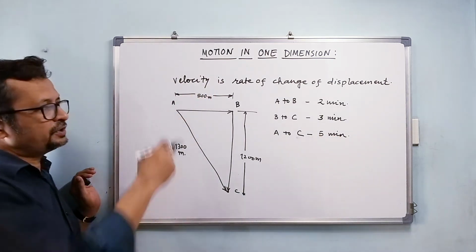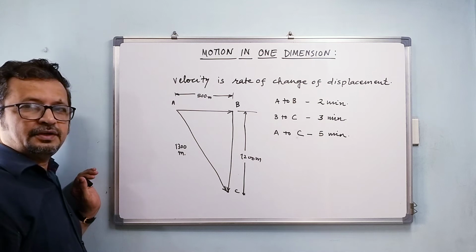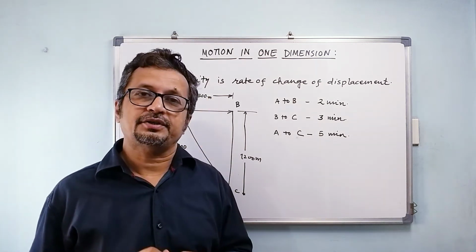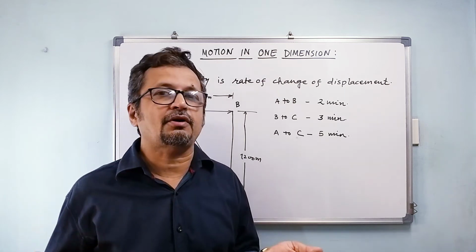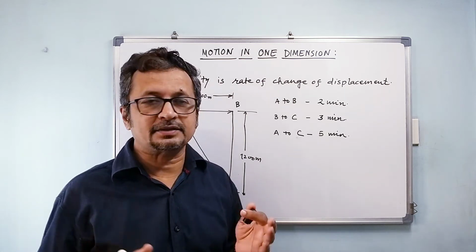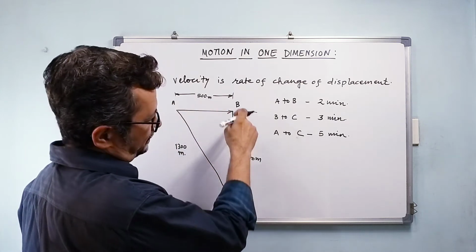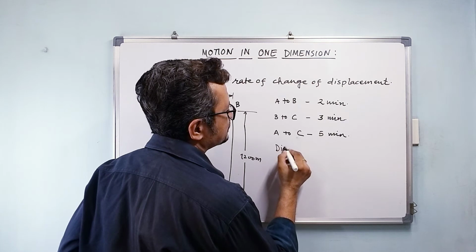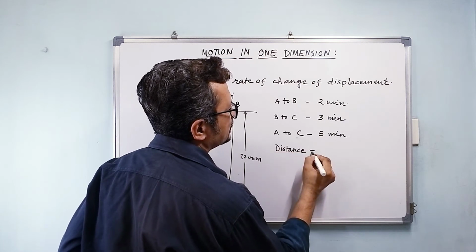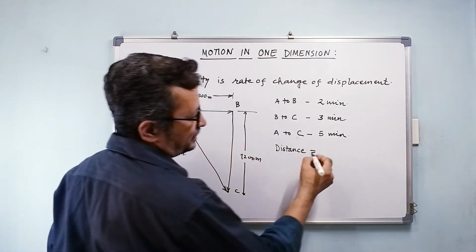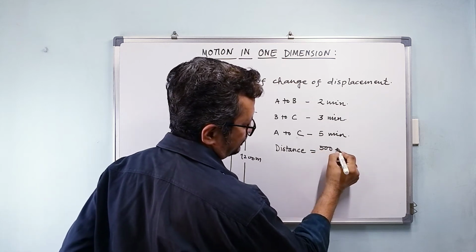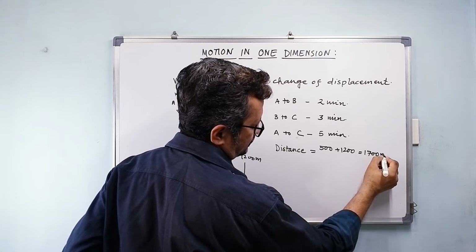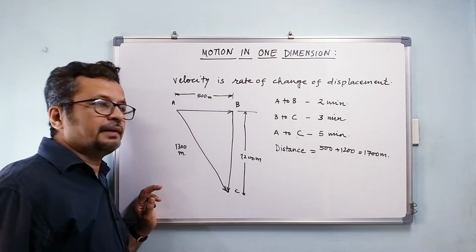Correct. Now what is the total distance traveled? Total distance traveled is 500 plus 1200. That is the total distance that I actually walked. The length of my path is 500 plus 1200, so the distance is equal to 1700 meter. And how much time am I taking for that?